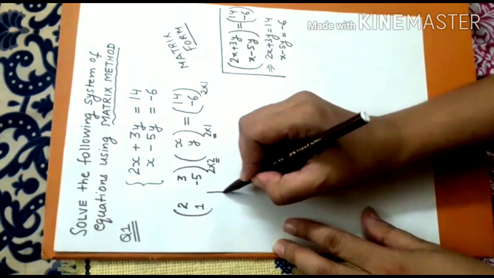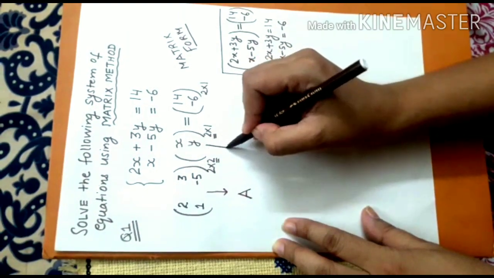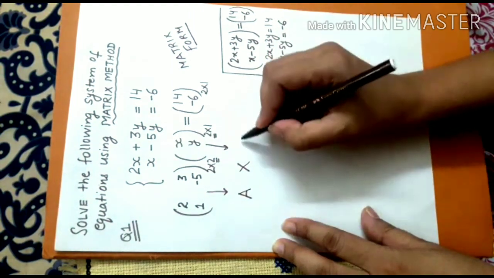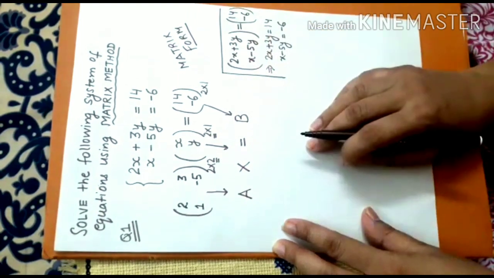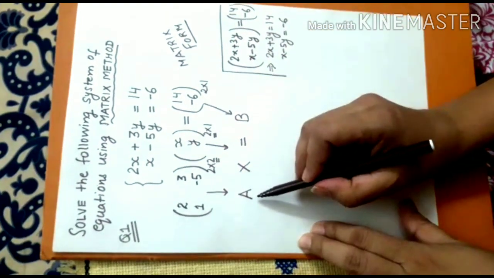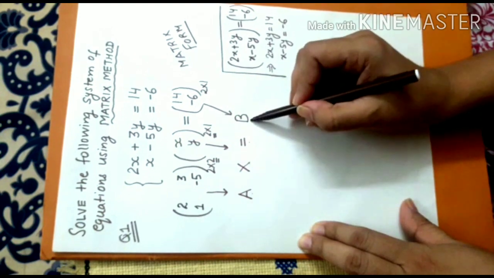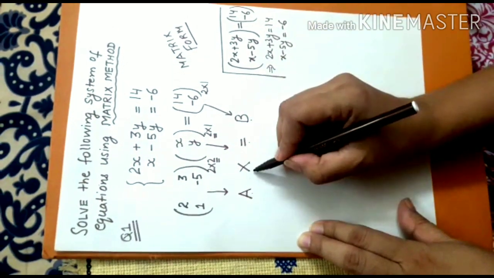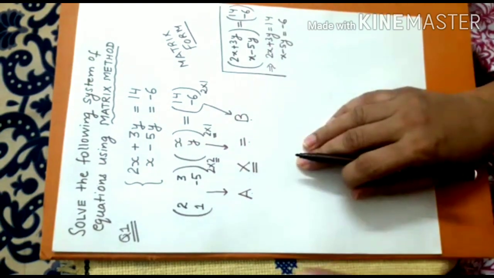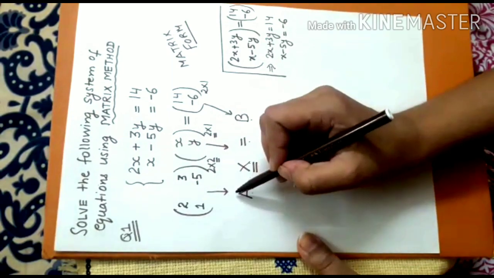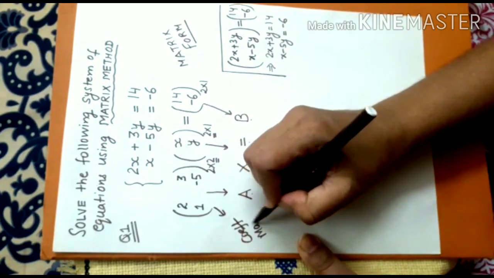Now here I call this matrix A, this matrix X, and this matrix B. So the matrix equation is AX equals B, and I have to find the matrix X. Now this A is called the coefficient matrix.